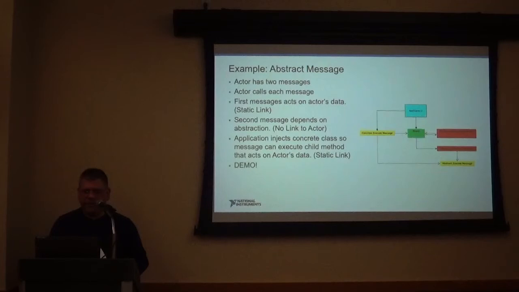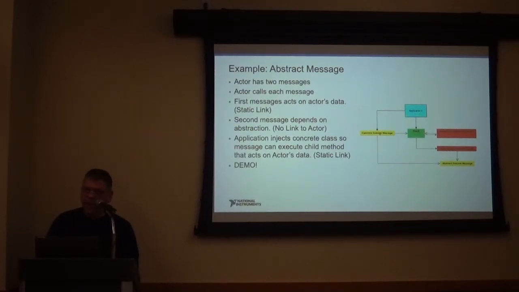We can come back to that if we need to. All right, so here is an example of an abstract class. Again, we have our application. It has its actor, it has a message, but it has this other message that it can receive from outside of itself, and it points to that abstract execution.